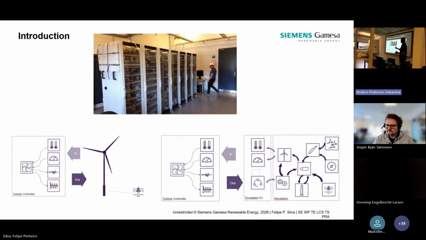We're just replacing the environment or the turbine part with our system, with all the information that the environment would provide, like temperature and pressure and so on. We do that in LabVIEW with the PXI system. If you want to know more about that, we can talk later, of course.